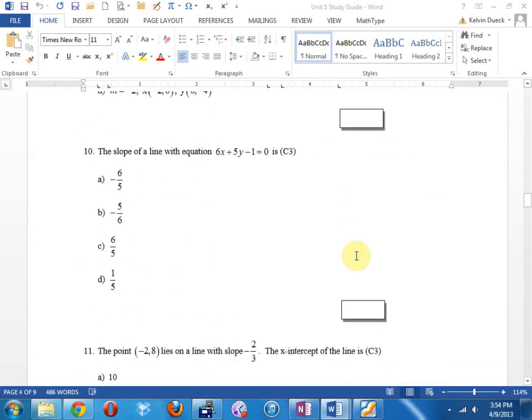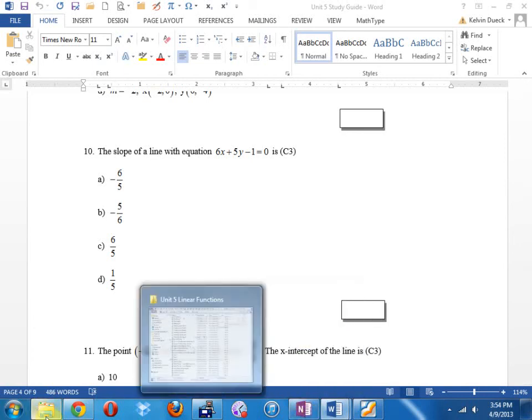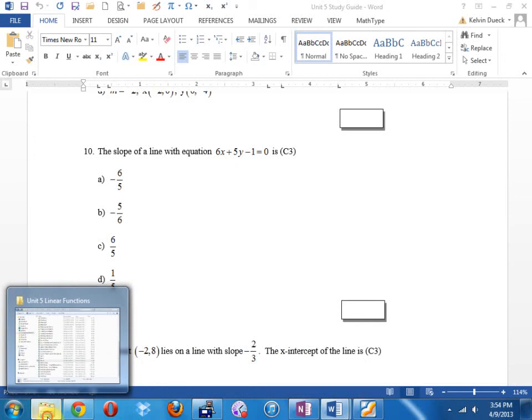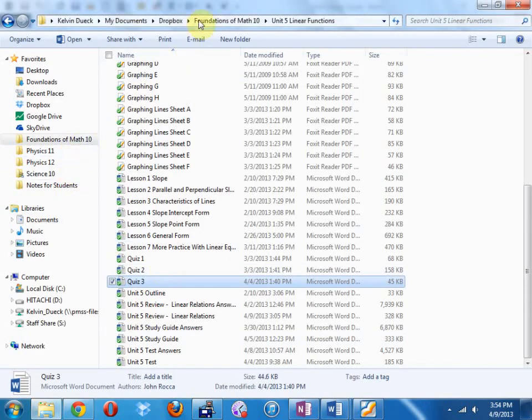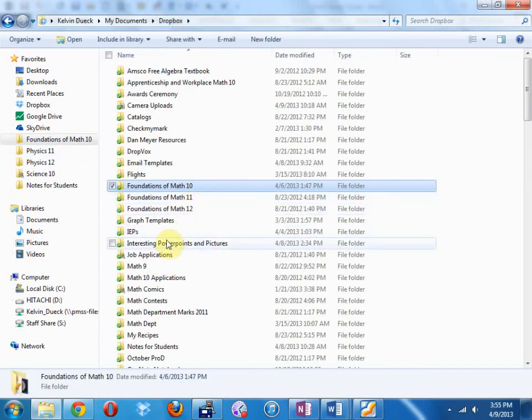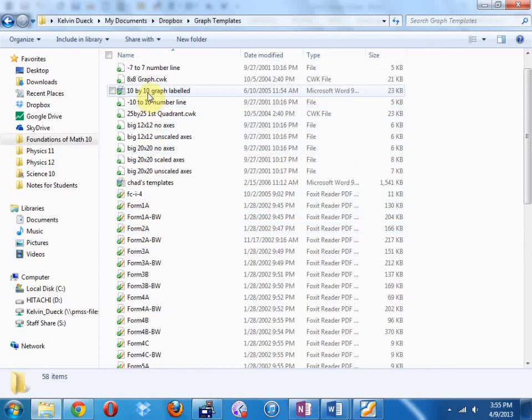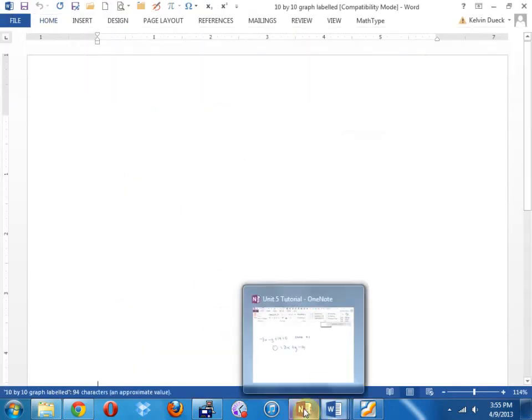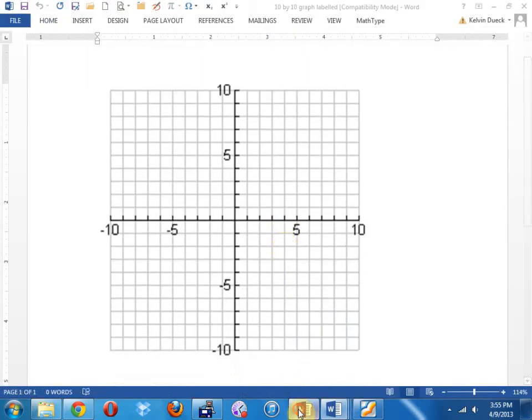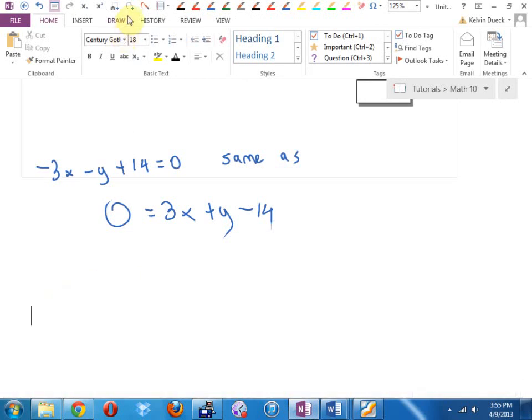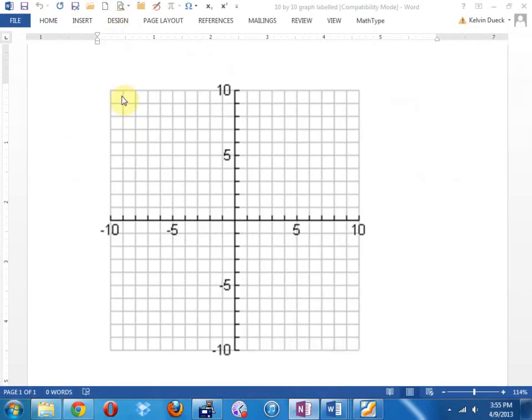You need to be able to, if I give you a picture of the actual graph of a line, find the equation. So let me just talk about that for 1 second here. Let me see if I can find a good example of that. So here's a graph.